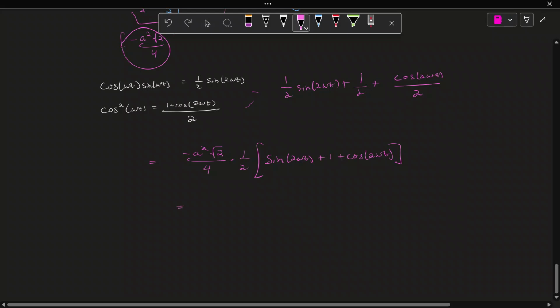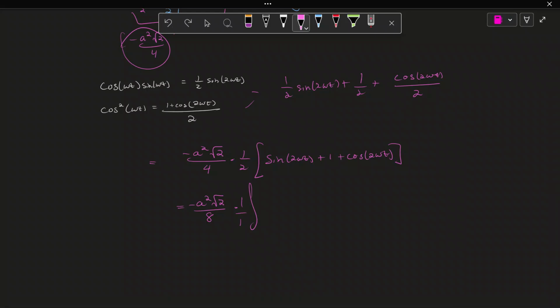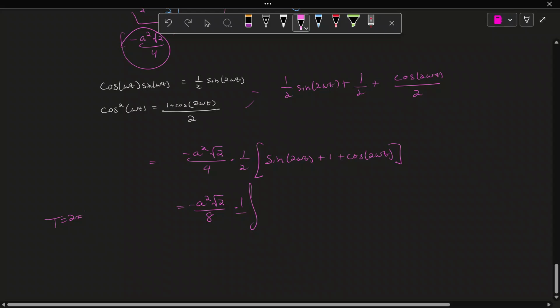So then this is equal to negative A squared root 2 over 8 times the integral, remember, 1 over T, and T is just some time period. In our case, let me see if they gave us anything here, like an omega, because T is equal to 2 pi over omega.